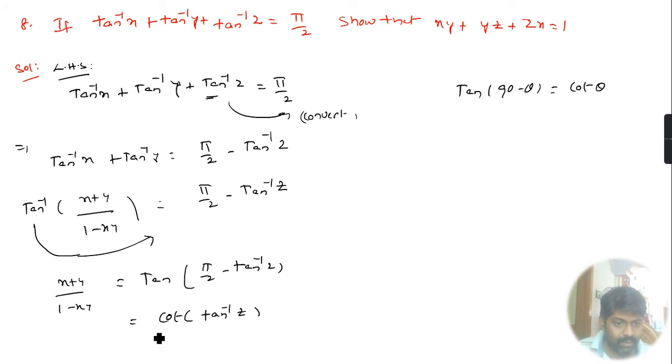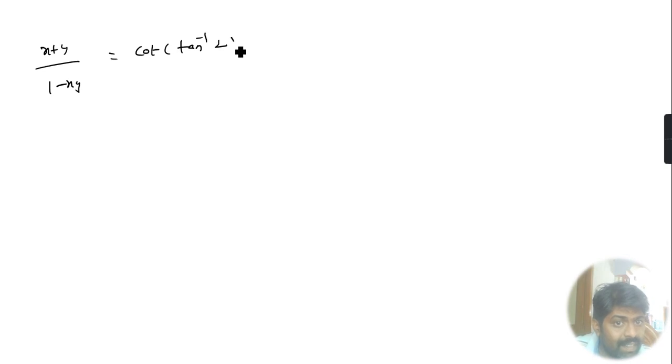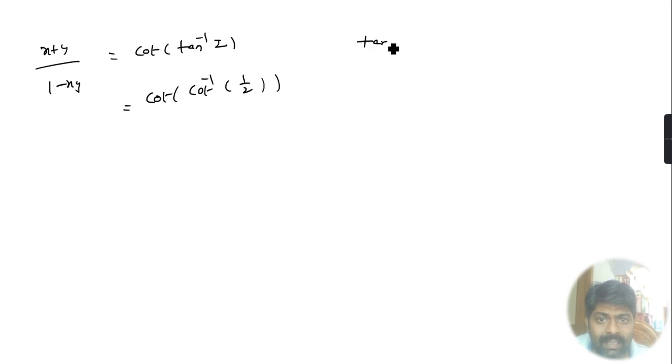So therefore (x plus y) by (1 minus xy) is nothing but cot of tan inverse z, and this can be written as cot of cot inverse of 1 by z, because tan inverse of x can be written as cot inverse of 1 by x.